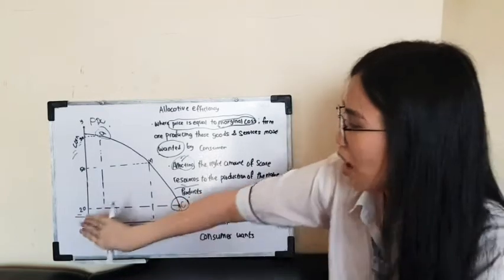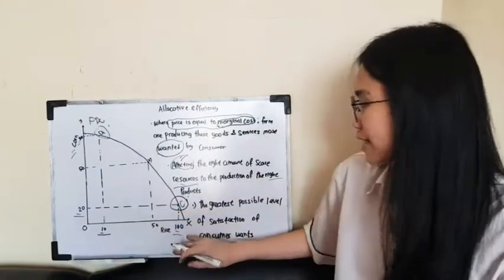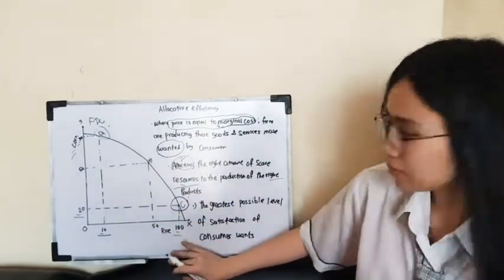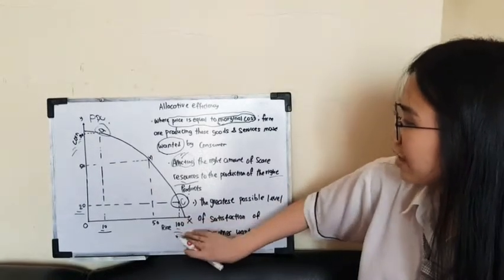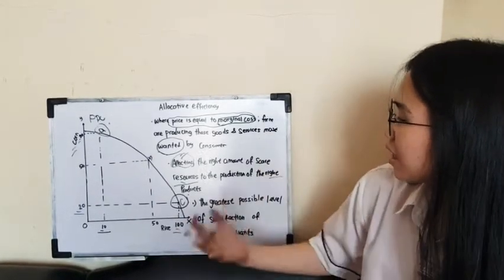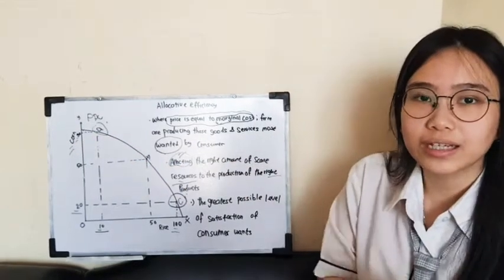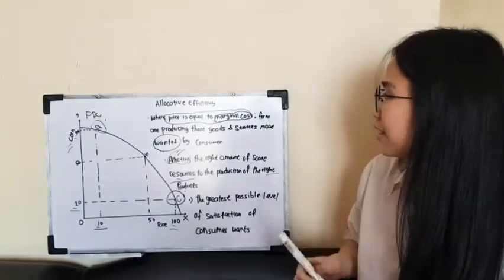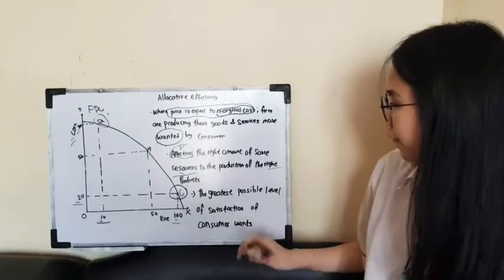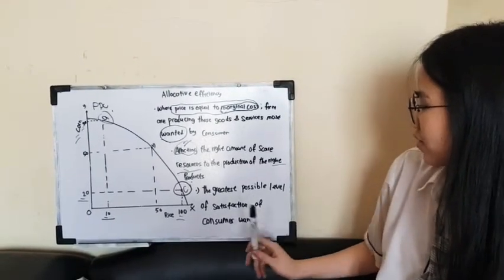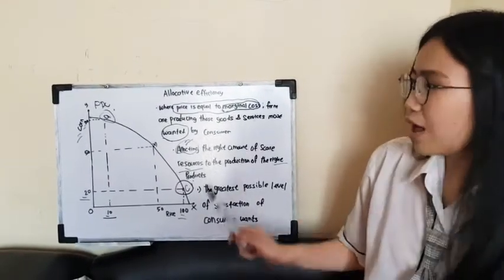As we can see from the outputs, corn is only 20 while rice is 100. So this means the satisfaction for corn will not be achieved, which in the end doesn't match the meaning of the greatest possible level of satisfaction of consumer wants.